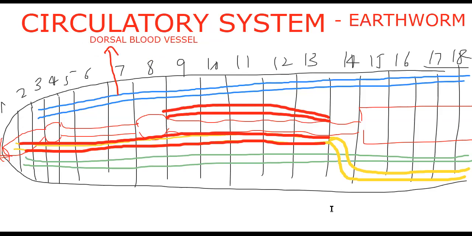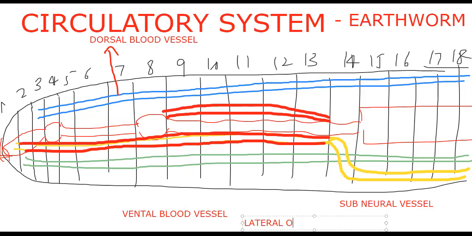Subneural means below the nerve cord. That's the meaning. Next, ventral blood vessel. Next, lateral esophageal blood vessel.